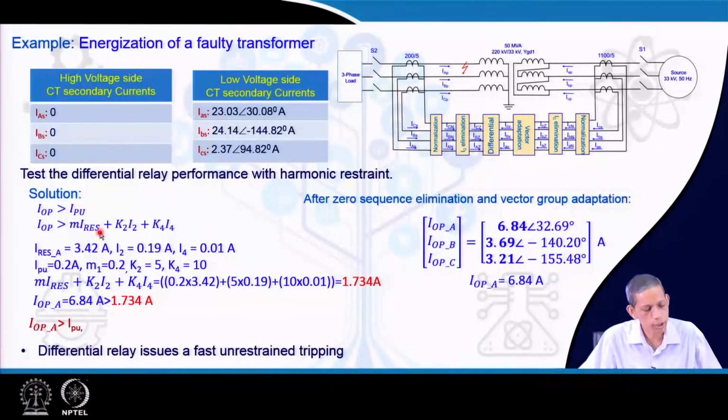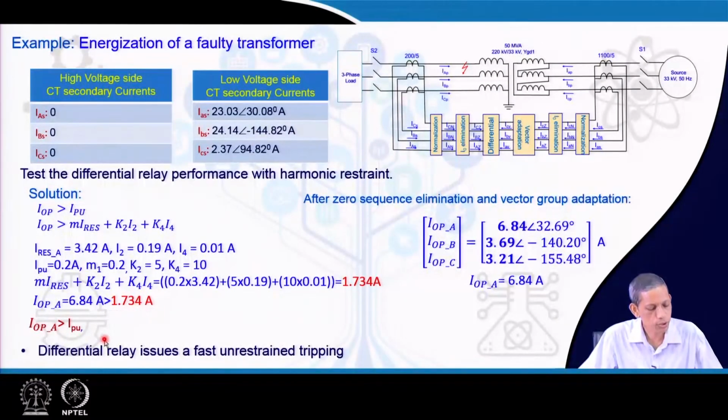So, we will calculate this part. If you substitute all the values, with 20% for K 2 and 10% for K 4, then this becomes 1.734 ampere. Substituting the values, I operating is 6.84, which is much higher than the 1.73 ampere.